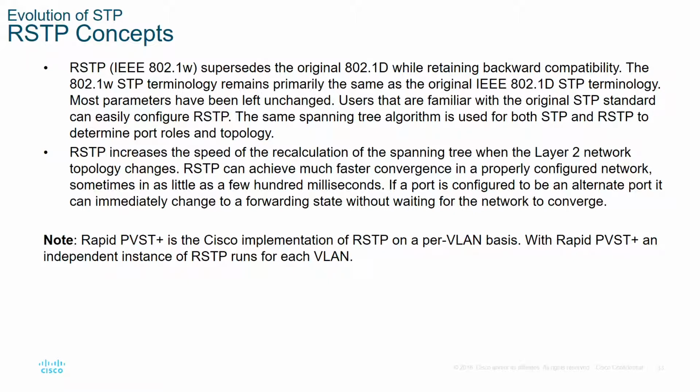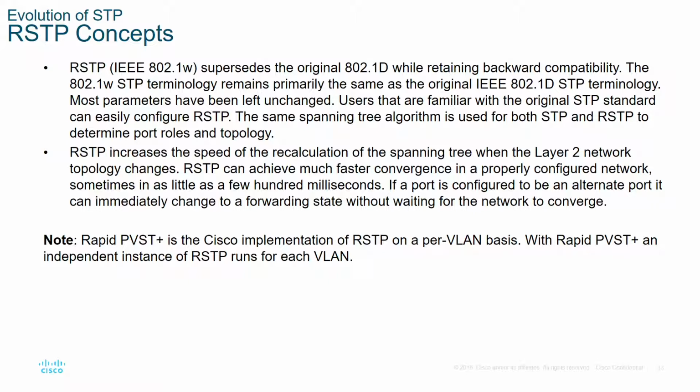So 802.1D devices will work in 802.1w environments, essentially. The 802.1w STP terminology remains primarily the same as the original IEEE 802.1D spanning tree protocol terminology. So most parameters have essentially been left unchanged. Users that are familiar with the original spanning tree protocol standard can easily configure Rapid Spanning Tree Protocol.